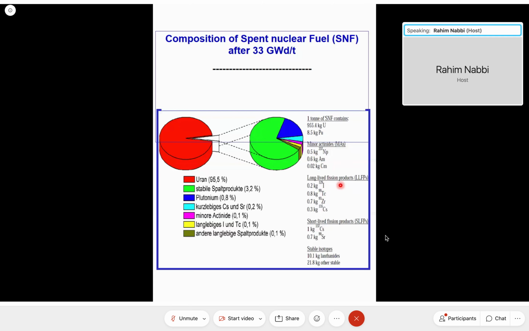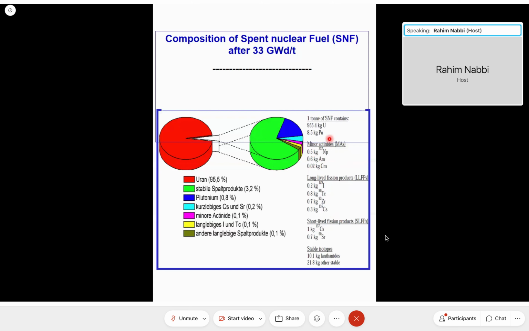Then the next package we have, as a result of the fission, remember we produce fission products like iodine, technetium, zirconium, cesium, and so on. These fission products are normally gamma emitters, but the half-lives are not so long like in the case of minor actinides.